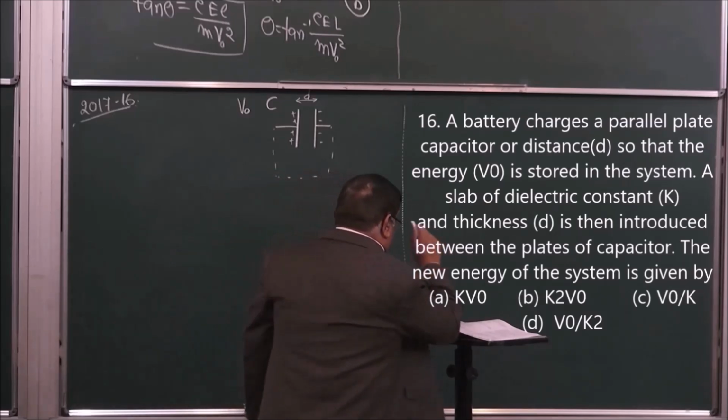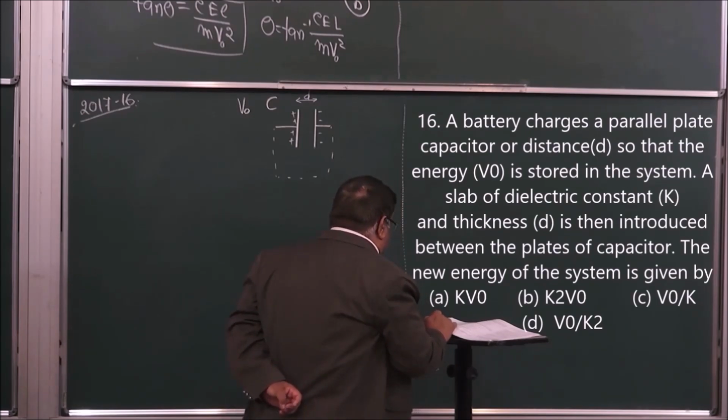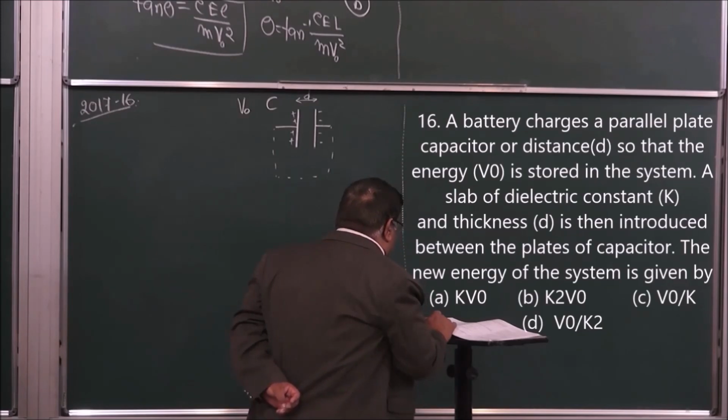Now the next thing it says: a battery charges a parallel plate capacitor of distance d, so that energy V naught is stored in the system. A slab of dielectric constant K and thickness d is then introduced between the plates of the capacitor. The new energy of the system is given by.